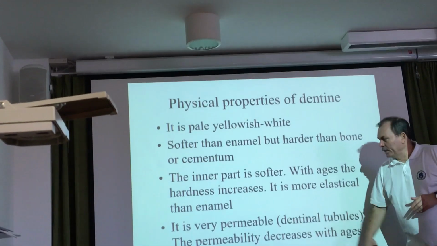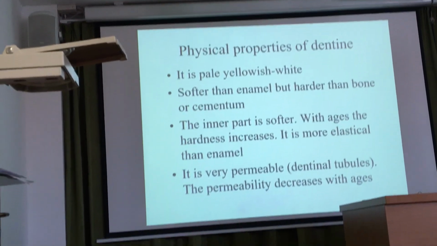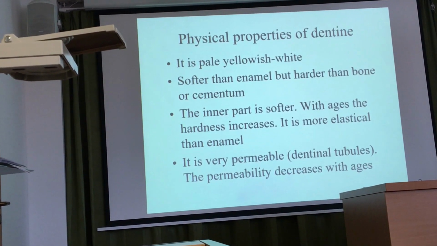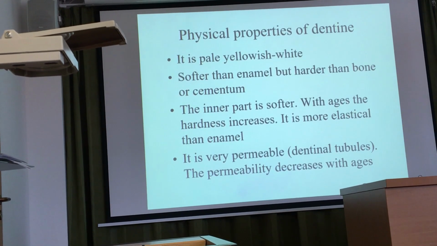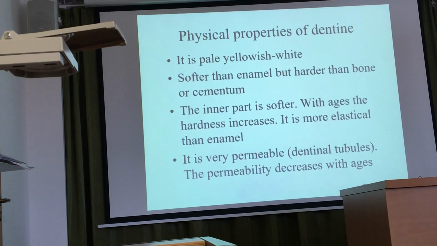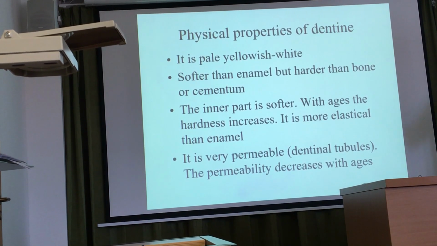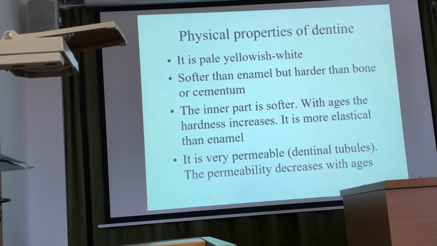And the permeability of the dentin, a tubular structure, is permeable, even bacteria can penetrate through the dentin. And it's important because when it is affected with caries, which contains a lot of bacteria, the material and the bacteria can penetrate, and the toxins of the bacteria can infect the pulp tissue, and pulpitis can develop.